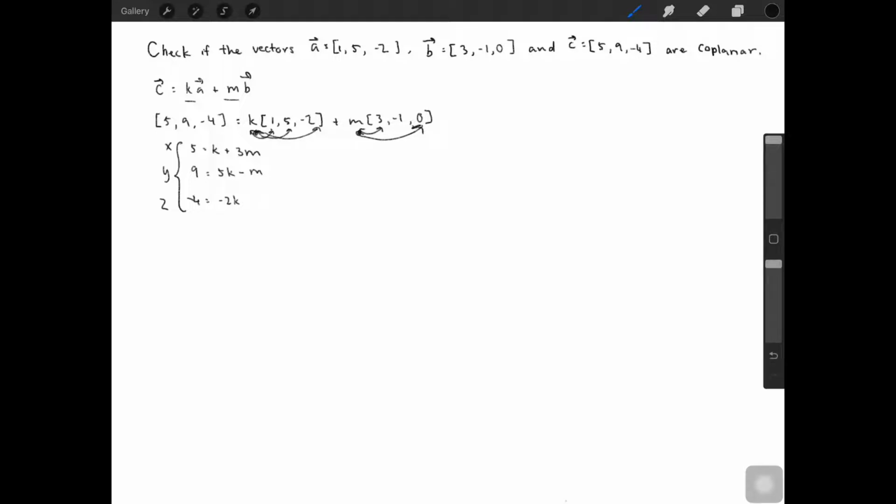Okay, so we have three equations and two unknowns, which means two variables. So what we want to do now is to eliminate one of the variables, and we can do that by picking two of the equations and then adding them together.